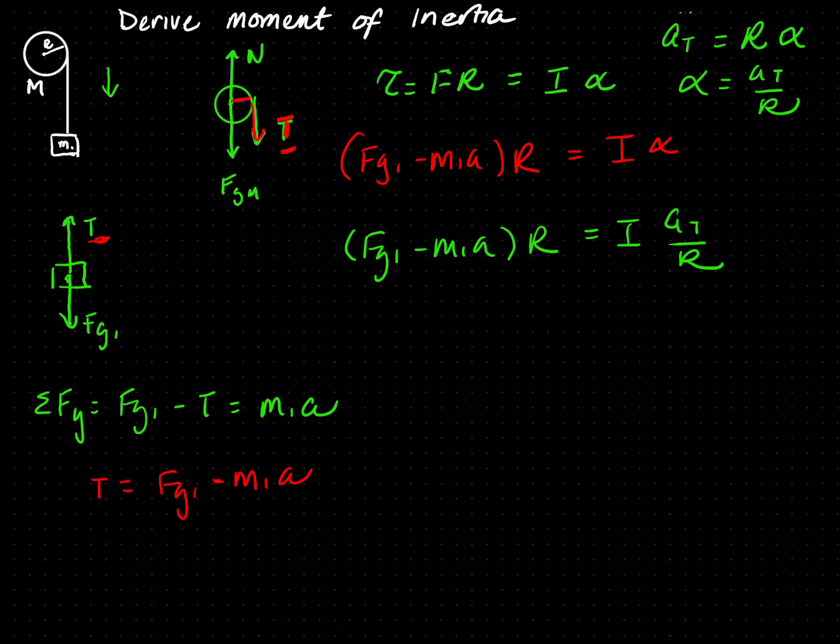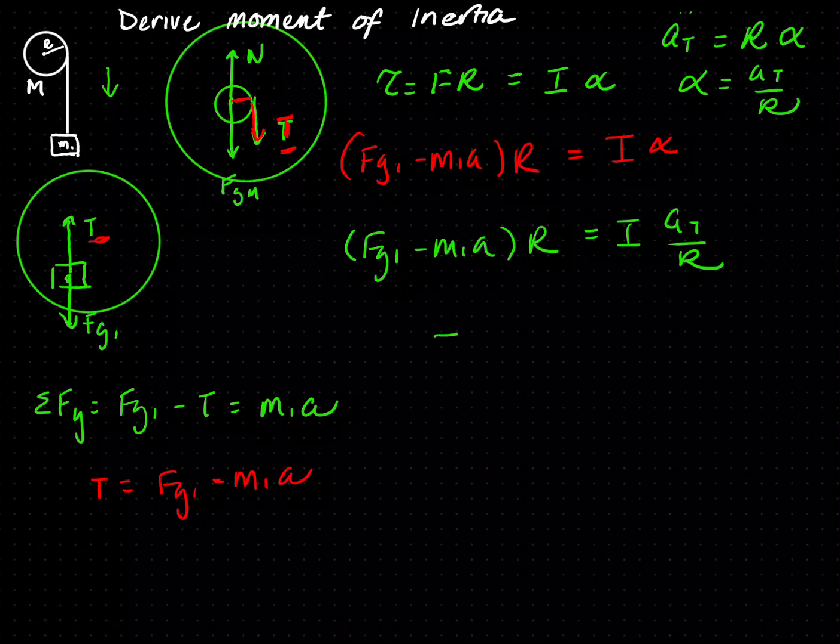And the tangential acceleration is the same for the mass here and the pulley because they are tied together by one rope. So solving for I, we divide both sides by at over r. So this becomes Fg1 minus m1a times r divided by at, and since there's two r's, it becomes r squared.